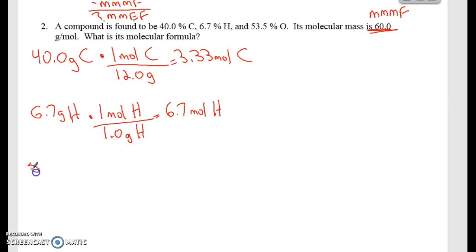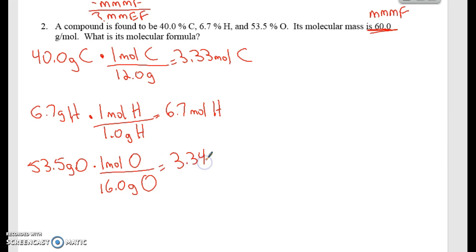For 53.5, change it to grams again of oxygen. Oxygen's molar mass is 16.0. So you do 53.5 divided by 16.0, and that gives you 3.34 moles of oxygen.